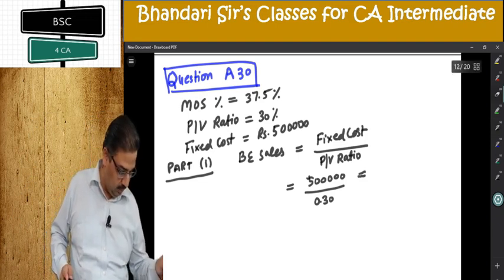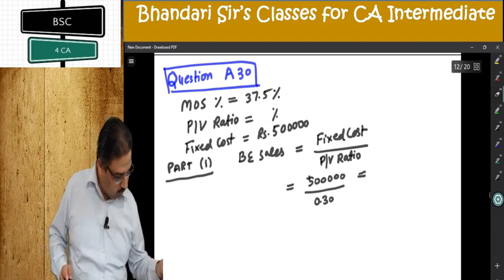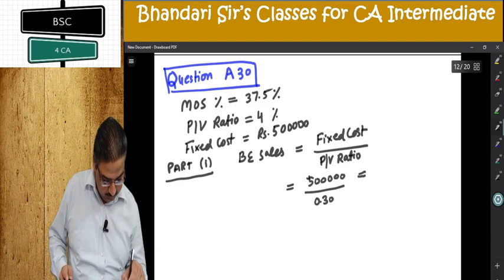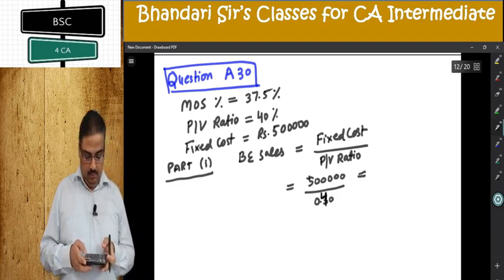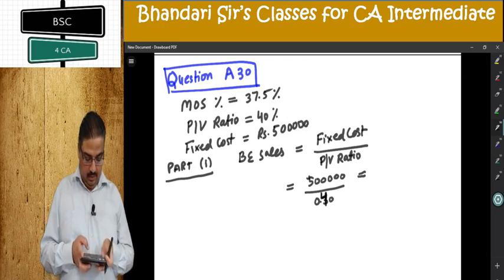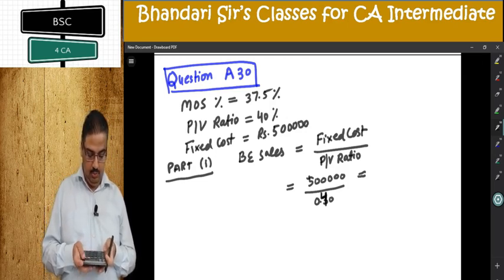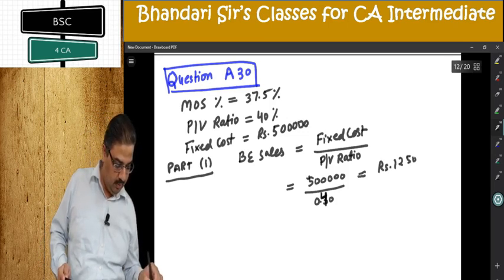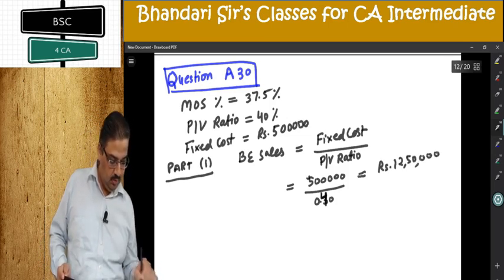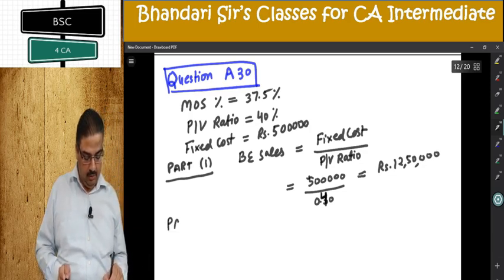It is 40%, not 30%. Five lakh divided by 0.40. This is 12,50,000 rupees. This is break-even sale, part 1.